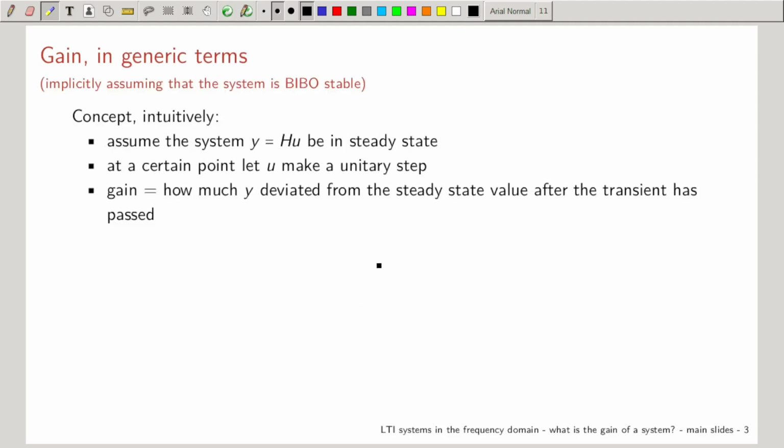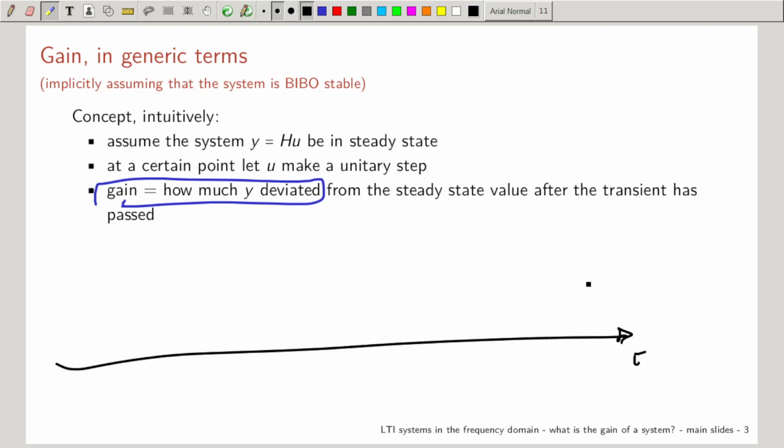So, in generic terms, the gain of a system is something that applies to the steady state behavior. We assume to be in steady state, we make a unitary step, and the gain is how much y deviates. Let's make it graphically.